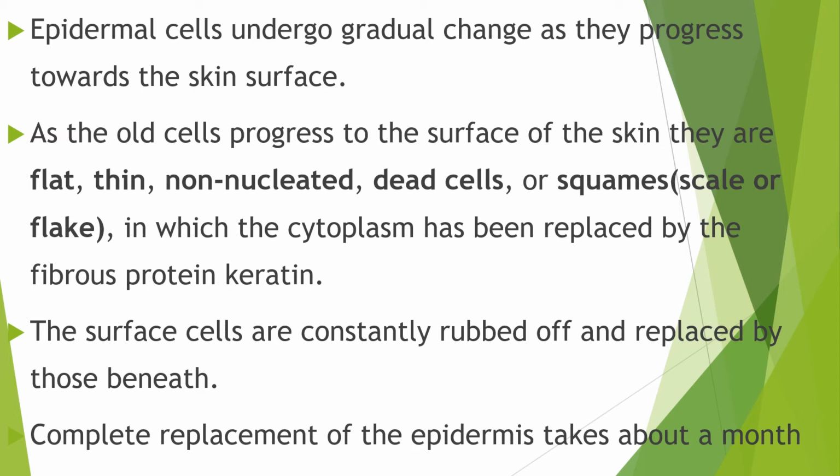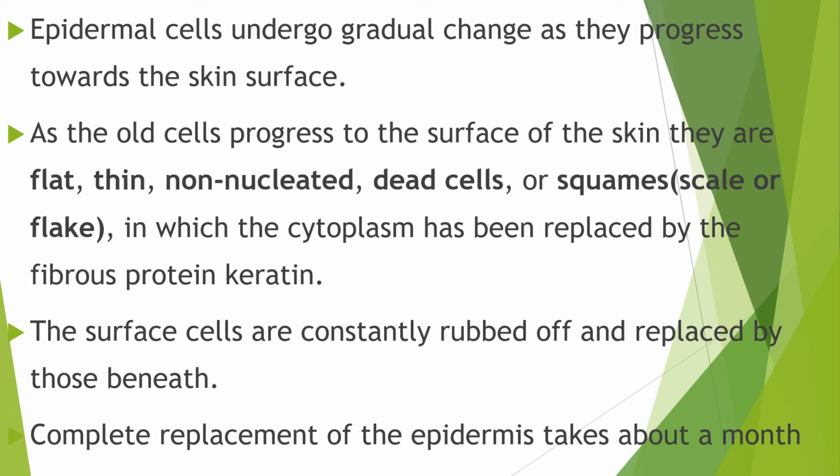As the old cells progress to the surface of the skin, they become flat, thin, non-nucleated. Remember that we said earlier those ones were nucleated. These ones now are non-nucleated. They are dead cells. They are squames. Remember, I said that squame means scale or flake.